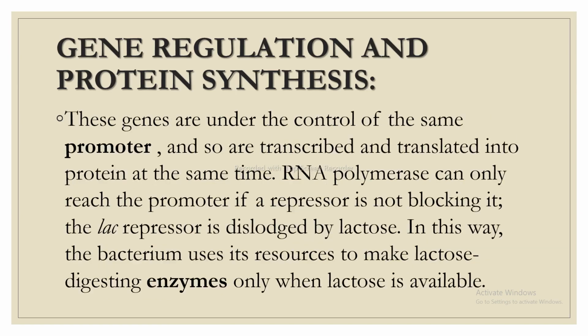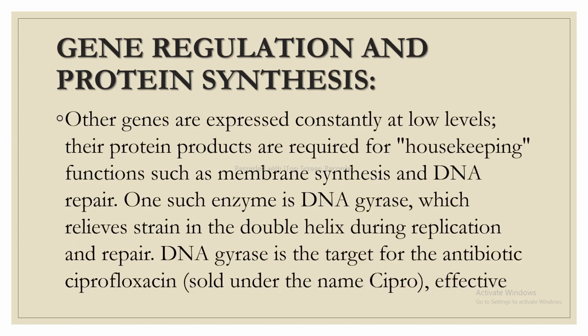These genes are under the control of the same promoter and so are transcribed and translated into protein at the same time. RNA polymerase can only reach the promoter if a repressor is not blocking it. The lac repressor is dislodged by lactose. In this way, the bacterium uses its resources to make the lactose digesting enzymes only when lactose is available.